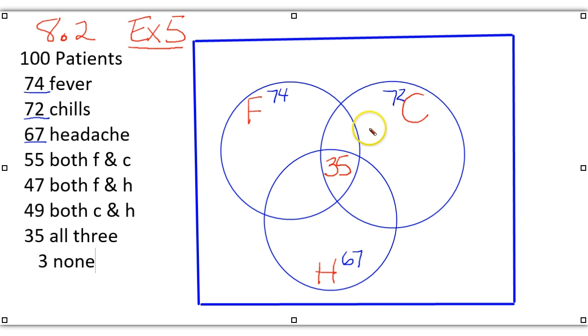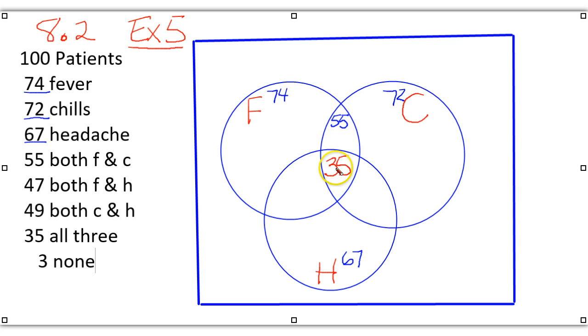And then they suggest a strategy. If 35 had all three, how many had fevers and chills? So we go to fevers and chills and we get 55 there. I'll put that in lightly.